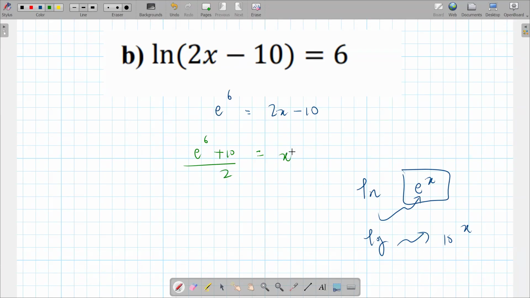So we can plug that in a calculator. e to the power 6 is 403, yada yada, plus 10 divided by 2. So x, I'd be okay with leaving it in this form. If they wanted decimal places, it'd be 206 plus 714 for the final answer. And you're done. It's just a two-step thing, not that difficult.